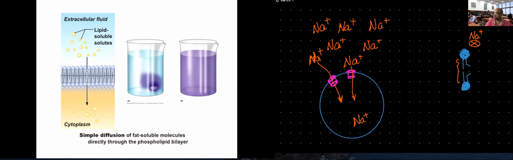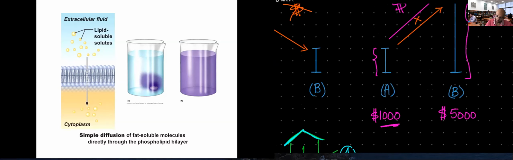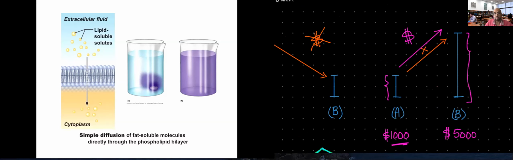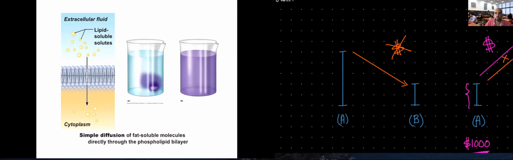Would I need to convince this sodium to move into my cell? Do you require energy for this to take place? What do you think? Do I need energy to allow the sodium in? Remember, when did I have to pay you? If you are moving from low to high, did I have to pay you if you're moving from high to low?